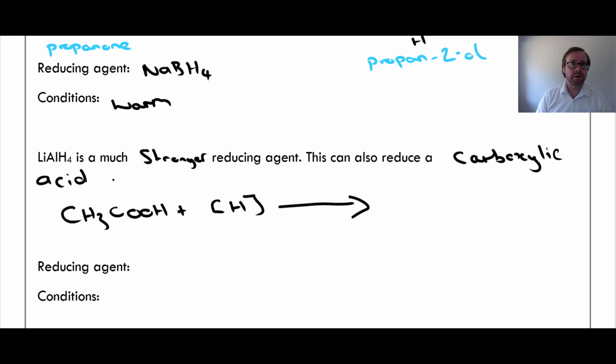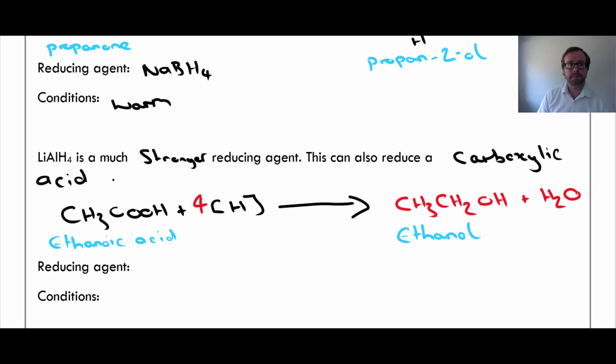Have a think back to the oxidation of your alcohols if you're a bit stuck. We know that a primary alcohol will be completely oxidized to an ethanoic acid, so it stands to reason that an ethanoic acid that is completely reduced would be reduced to ethanol.